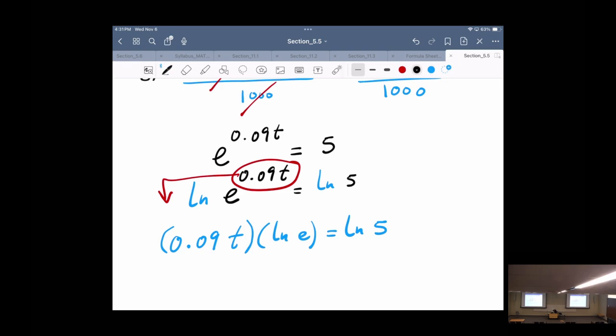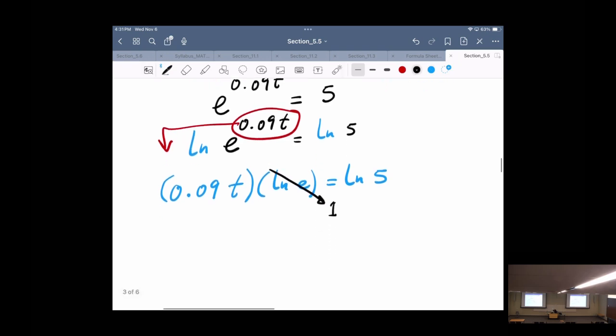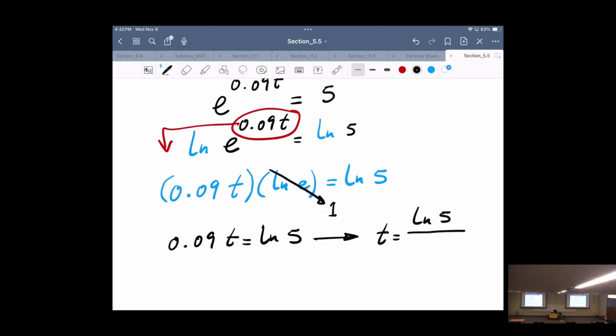You already know that natural log of e is equal to 1. So on the left, we have 0.09t equals natural log of 5. And then from here, we can say that t is equal to natural log of 5 divided by 0.09, right?